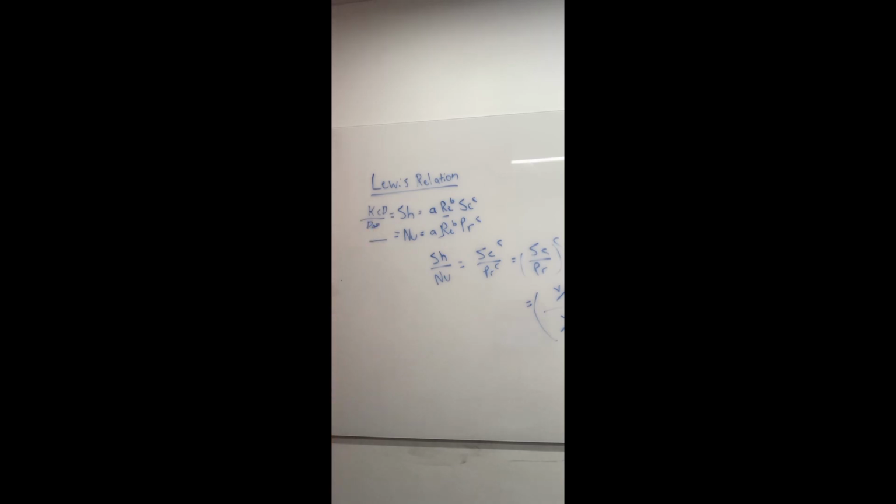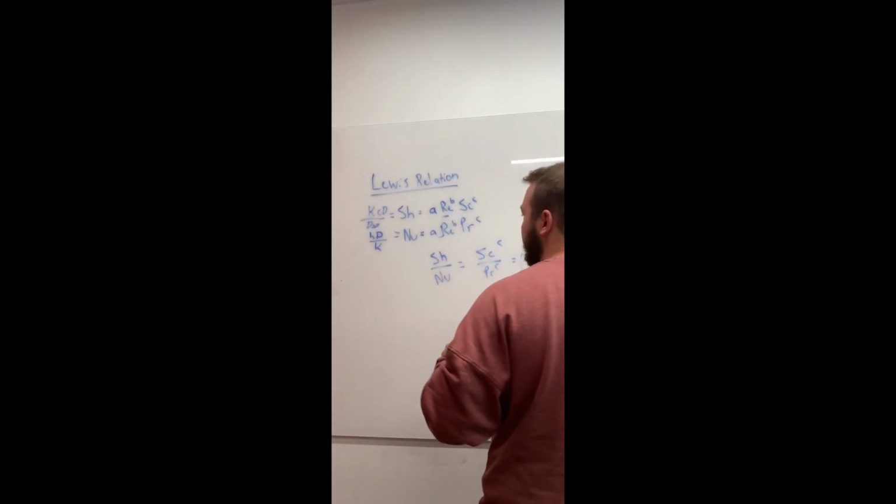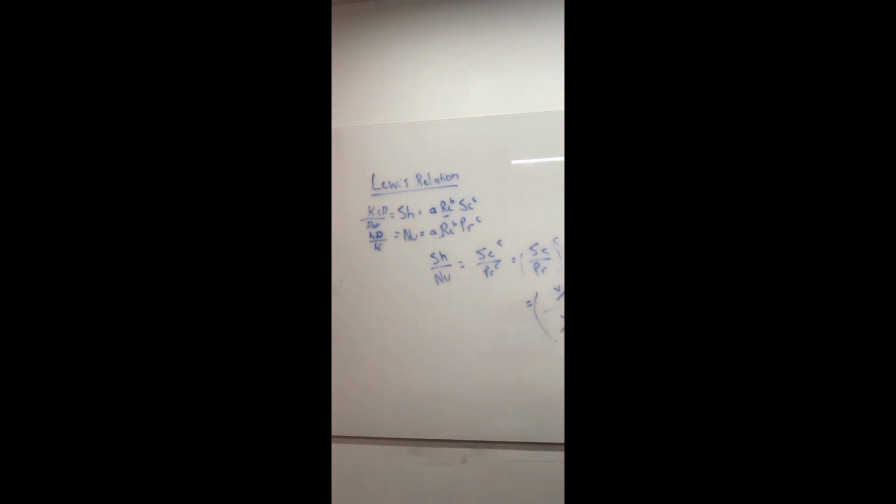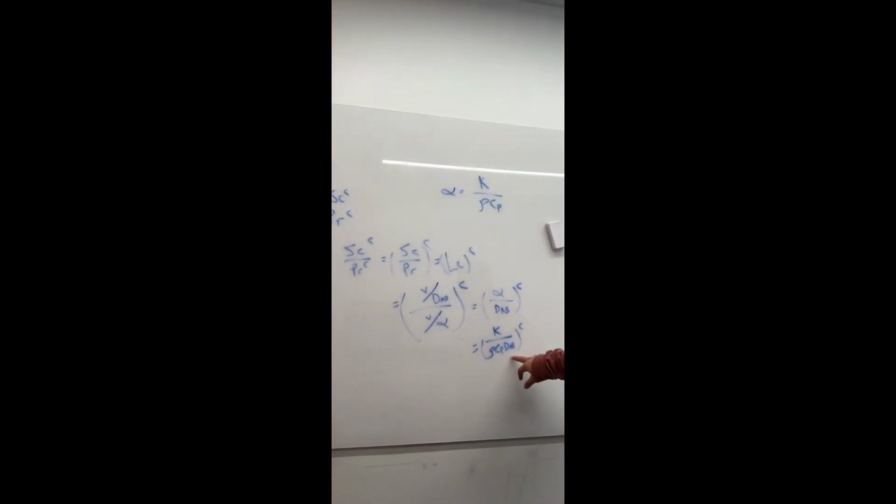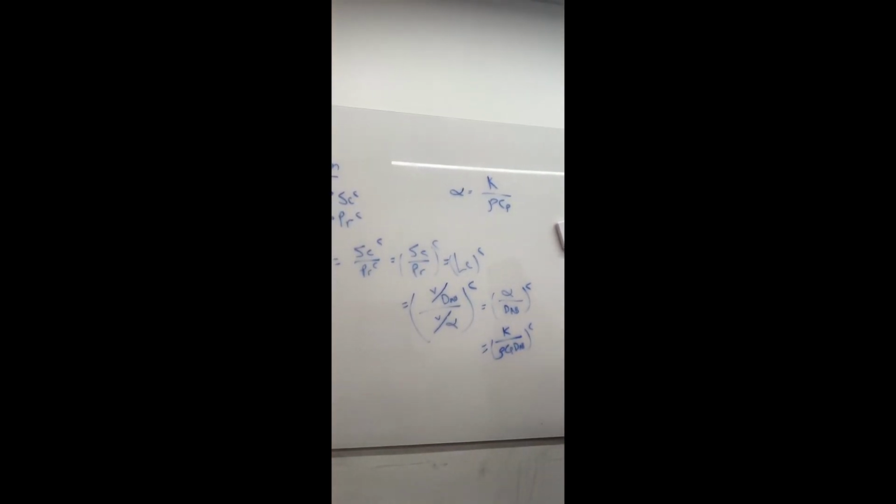And then Nusselt's number is equal to hD over k. You can see that, okay? So now what we can do, since this is what we found before, is we can put those two over each other and make it equal to what we found over here.